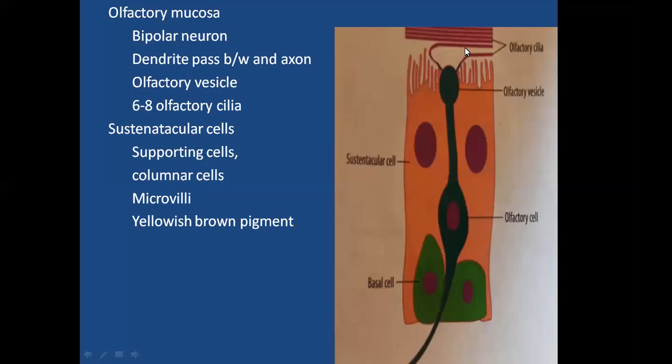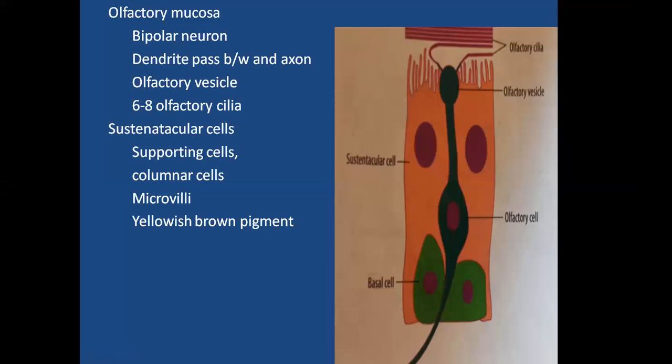Now the cilia of the respiratory epithelium and the cilia of the olfactory epithelium: the major difference is that these cilia are non-motile, while the cilia of the respiratory epithelium are motile.